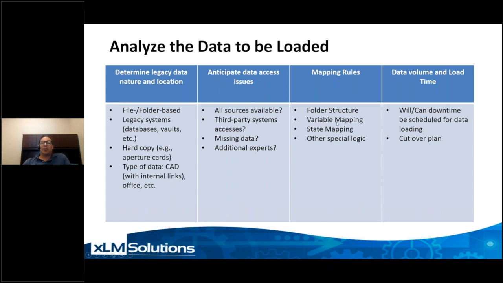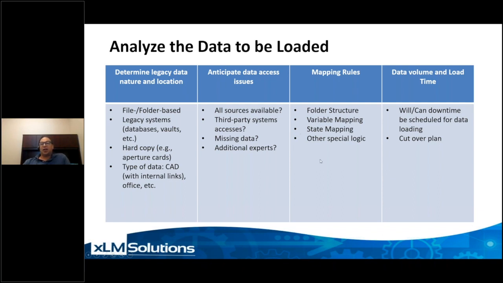What are the variable mappings? How are we going to get data to show up in the various variable names, like number, revision, description, whatever variables you have set up? What states will those data get mapped to, and even what workflows within those states will that data get mapped to?